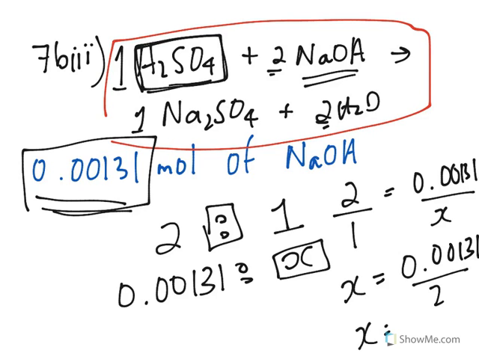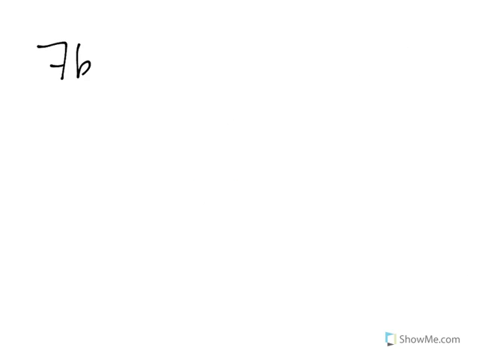So that means that the amount in moles of H2SO4 reacting with NaOH is just 0.00131 divided by 2, which is 0.000653 moles. So it means that much H2SO4 reacted. And so that is the amount of sulfuric acid used.